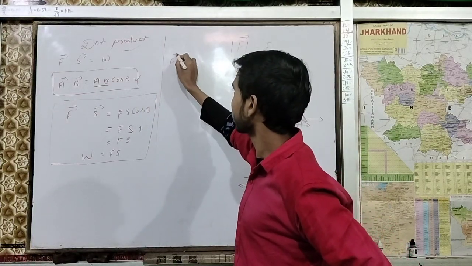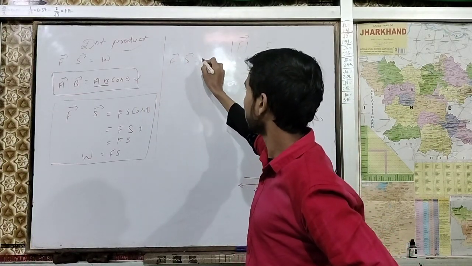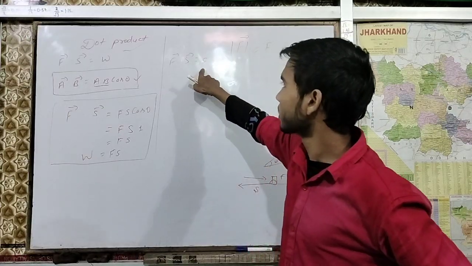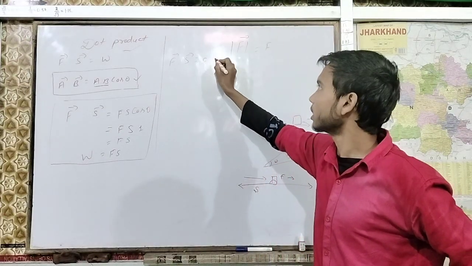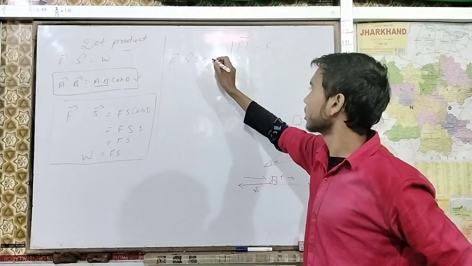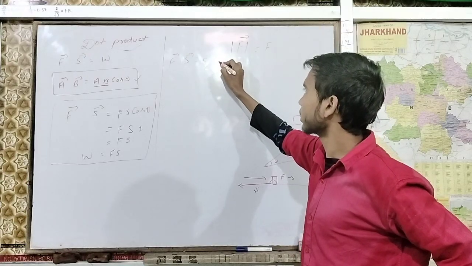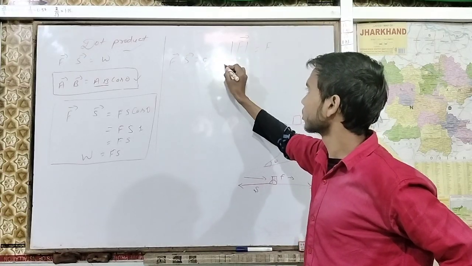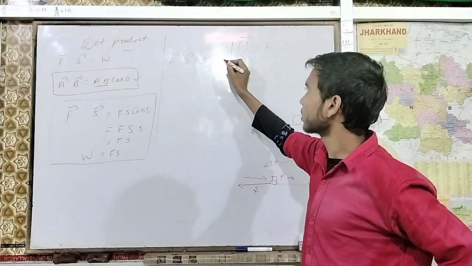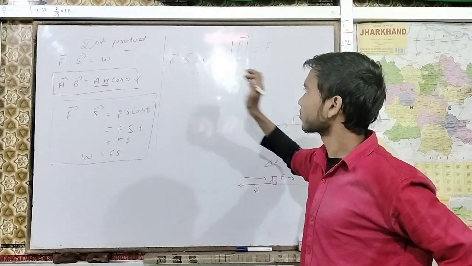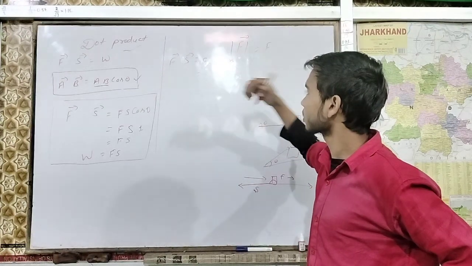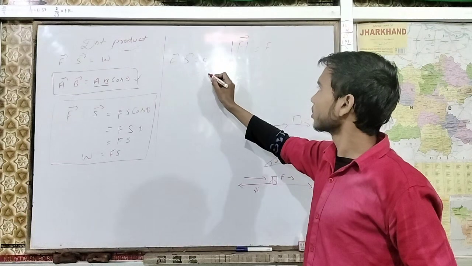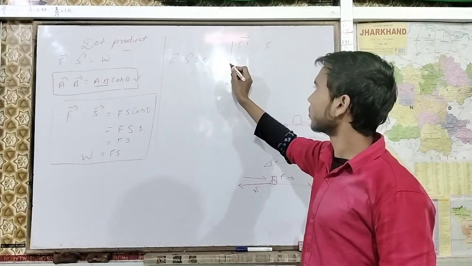So F into S, where F is a magnitude and S is a magnitude, into cos 180 degrees. This is nothing but minus 1.